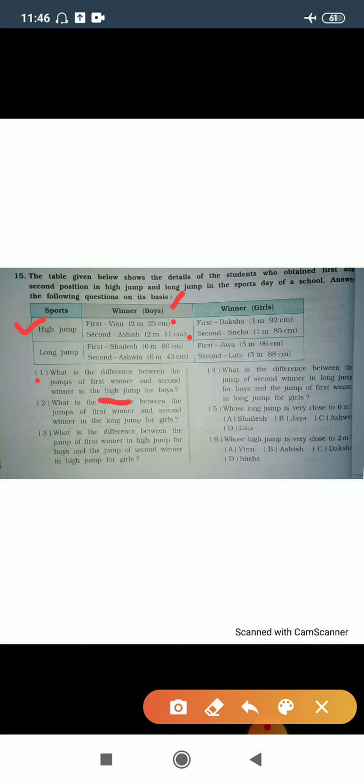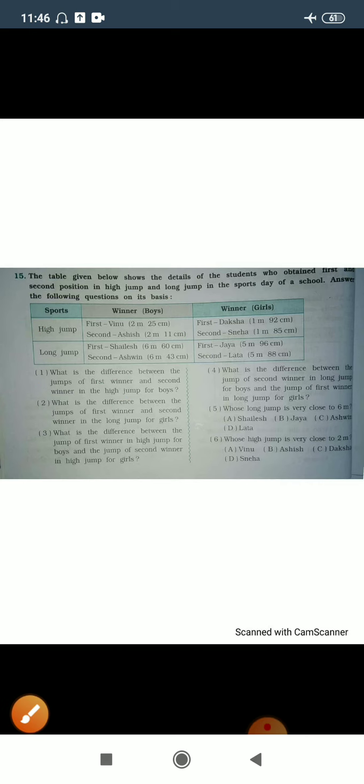Again I am going to explain. We need to concentrate on the high jump of boys, Vinu's high jump and Ashish's high jump, and we need to find the difference, that means we need to subtract these two numbers. So let's see. First I will write meter, then centimeter.